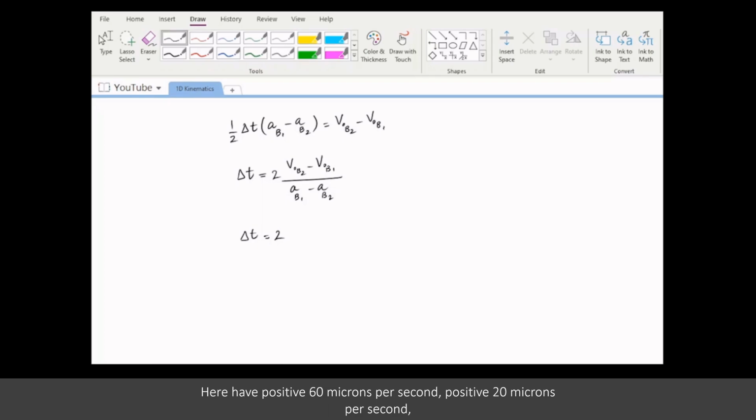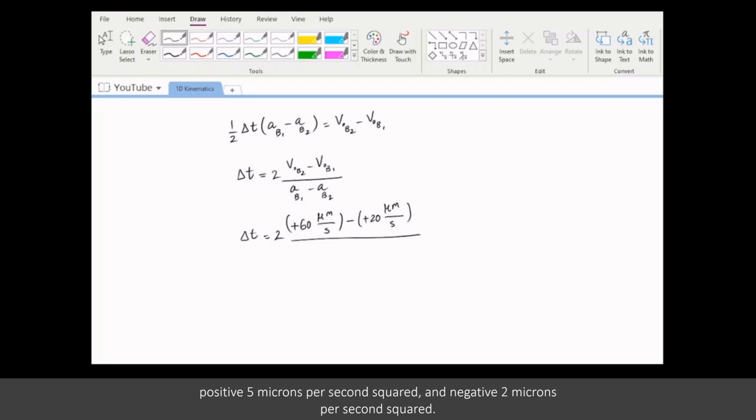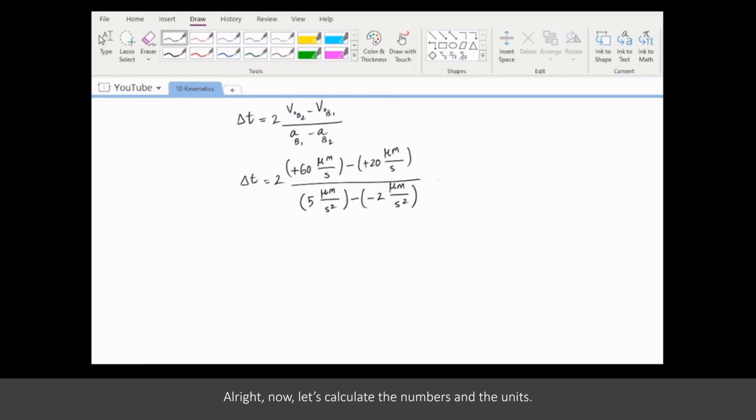Here we have positive 60 microns per second, positive 20 microns per second, positive 5 microns per second squared, and negative 2 microns per second squared. Alright, now let's calculate the numbers and the units.